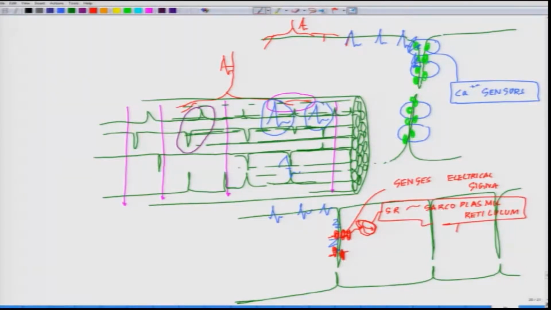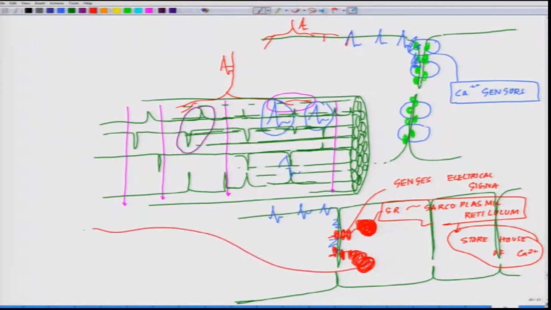Sarcoplasmic reticulum is a storehouse of calcium, okay. Sarcoplasmic reticulum is the house of calcium which is sitting there. Like this. So this is the storehouse of calcium.